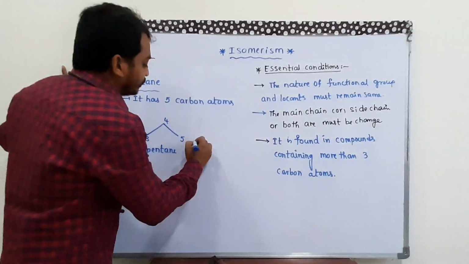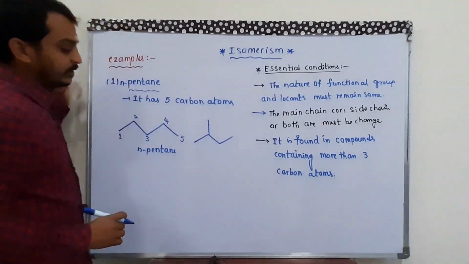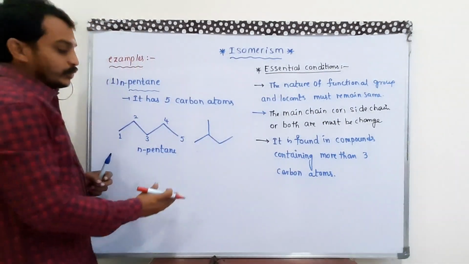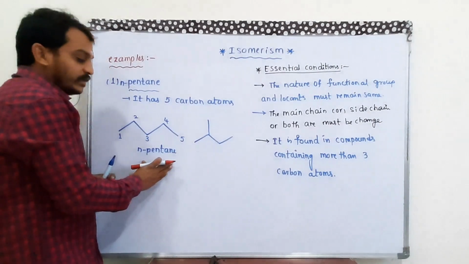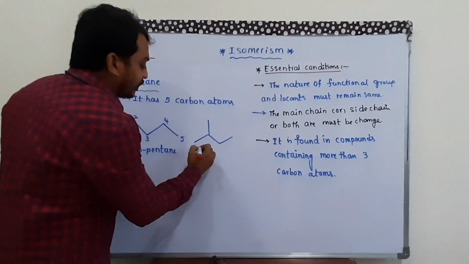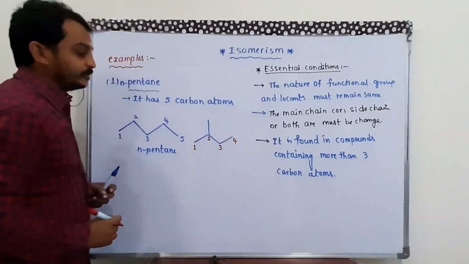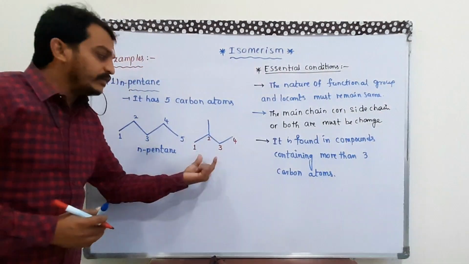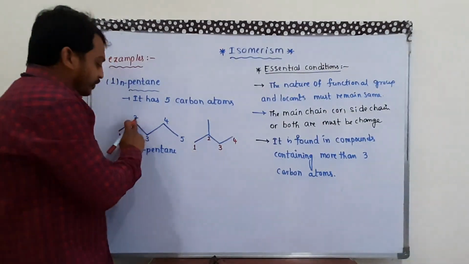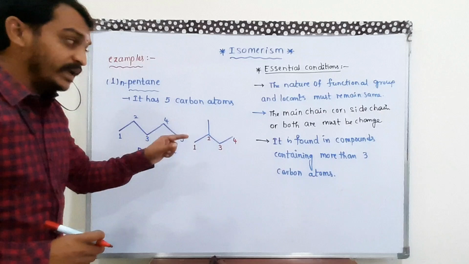Next, what happens here compared to the first compound? The second compound contains 1, 2, 3, 4. So what is the difference between them? For the first compound, how many carbon atoms are present in the main chain?